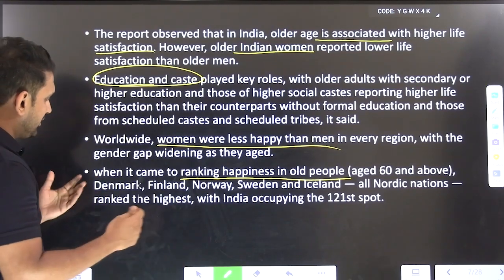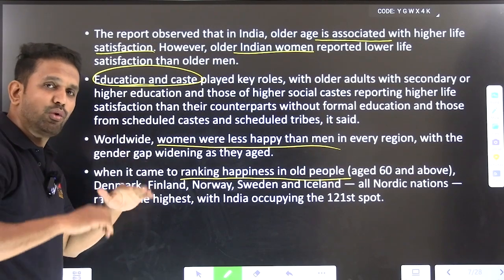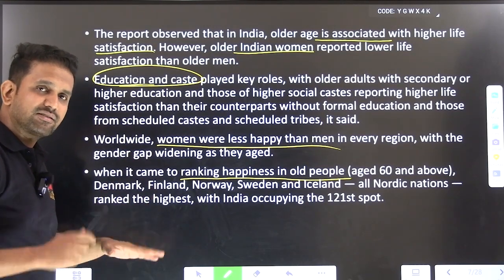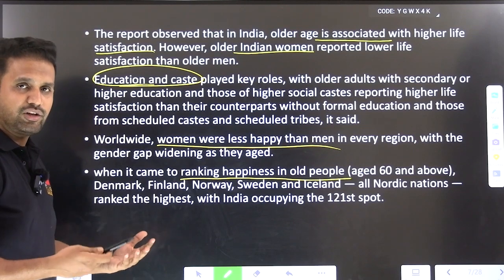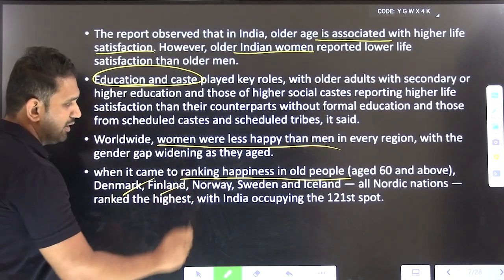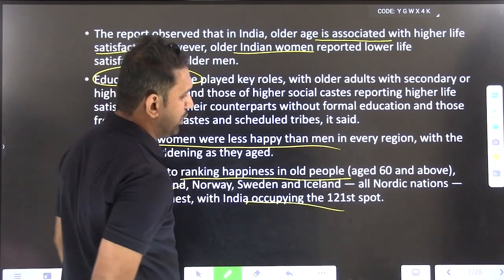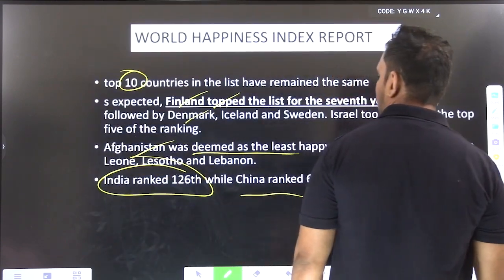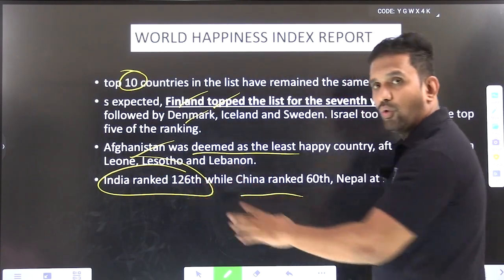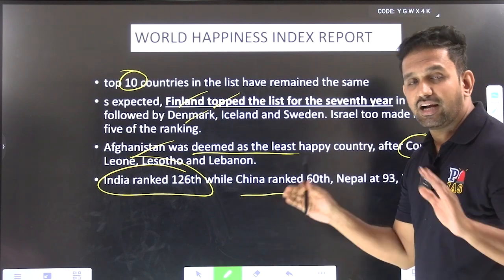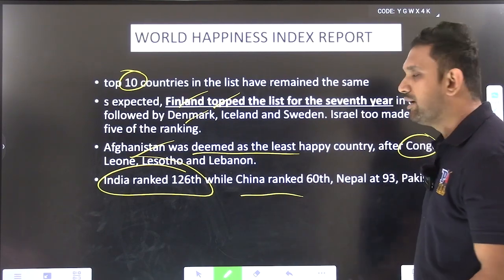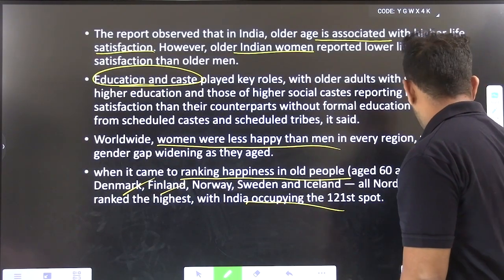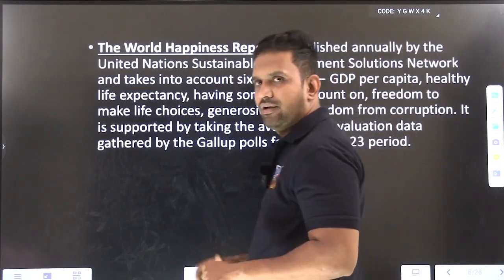The countries which are overall happy, ranking first, are also happy in old age: Denmark, Finland. India occupies the 121 spot. India's overall happiness rank is 126, but with regard to the older age group, India is 121. So we are better, at least in the older age.